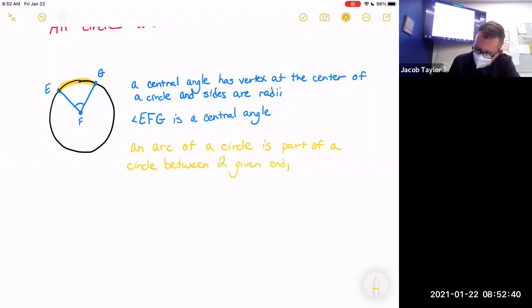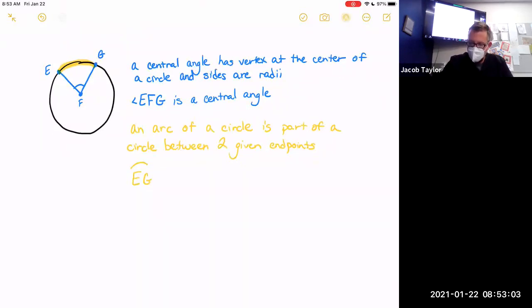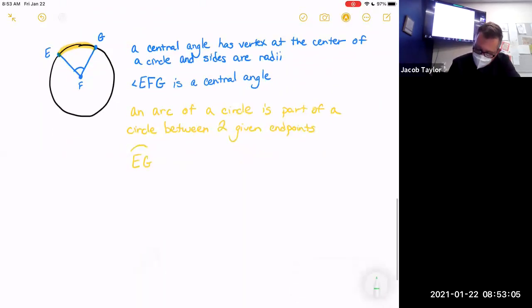Does that mean the opposite side of the circle is also an arc? That is such a smart question. If I said arc EG, and the way I read it is like this, how do you know that arc EG is the part that I highlighted and not the huge part going around the other direction? Such a good question for you to ask. You're so smart. EG is what's called a minor arc, which is less than half of the circle.